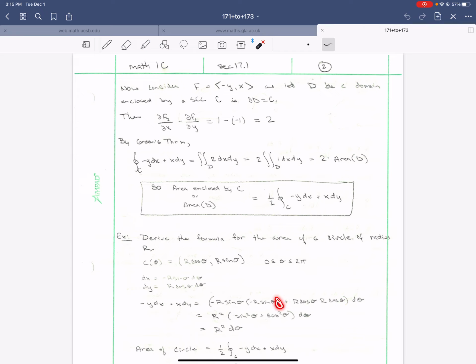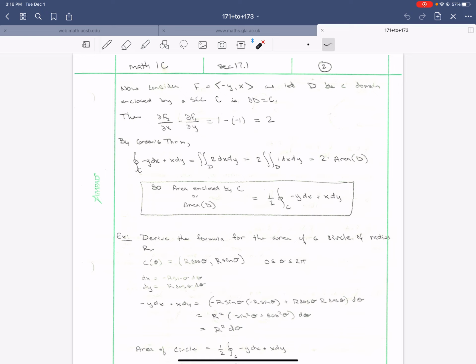But what I do is I pull it out, and I make it one d theta all at the end. So there is a d theta there. I didn't forget it. The parentheses show that it's attached to both. And then we have x, which is r cosine theta, and then we have dy, which is r cosine theta, and then the d theta right there.